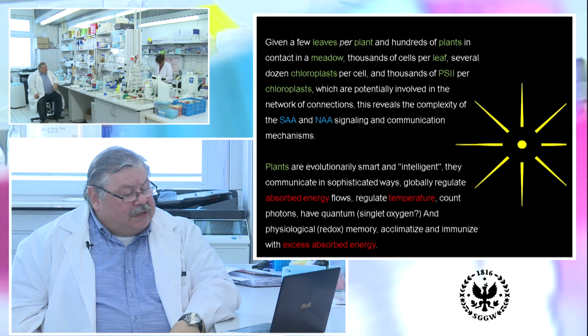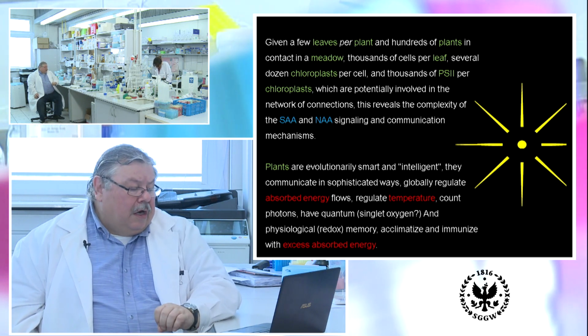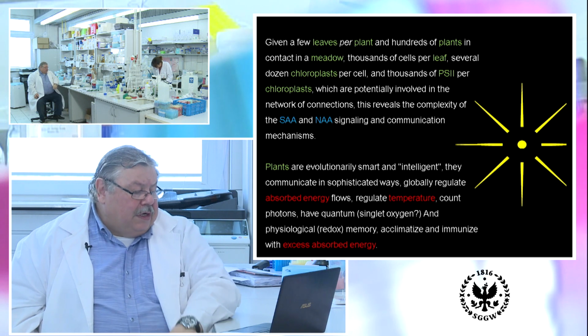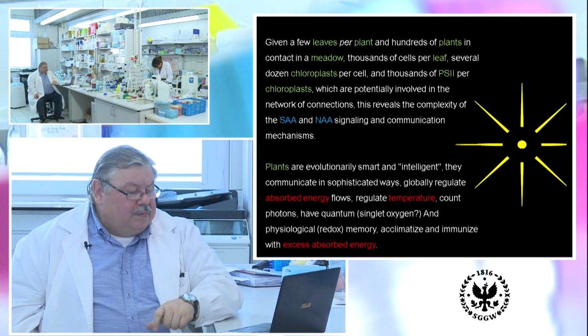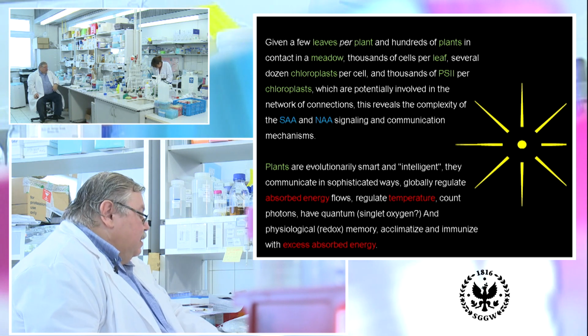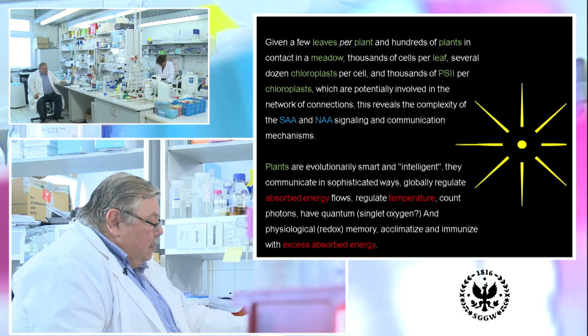Plants are evolutionarily smart and intelligent. They communicate in sophisticated ways, globally regulate and absorb energy flows, regulate temperature, count photons, have quantum singlet oxygen and physiological redox memory, acclimatize and immunize with the energy absorbed in excess.